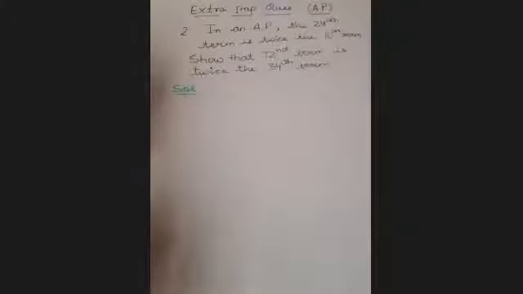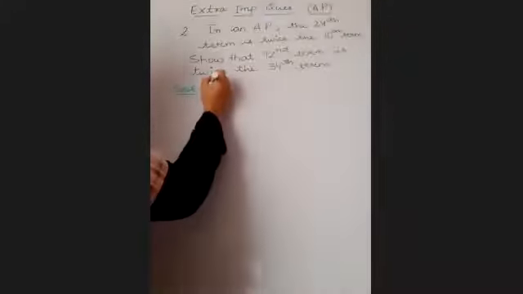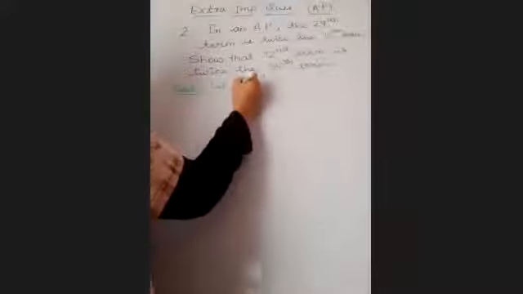In an AP, the 24th term is twice the 10th term. Show that 72nd term is twice the 34th term. How are we going to deal with such kind of questions, beta? First of all, let us define the first term and common difference.